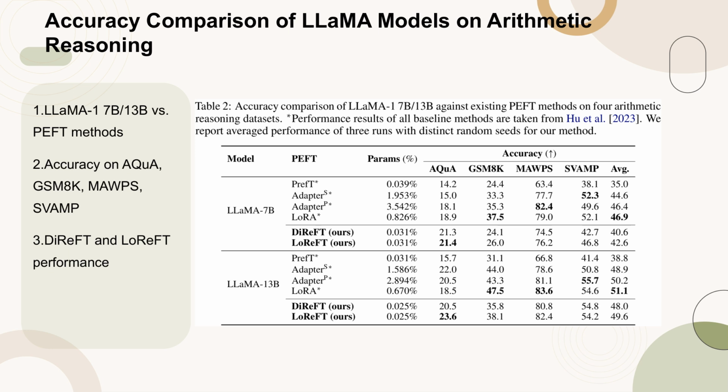Notably, DiReFT and LoReFT, the methods under study, are compared against baseline methods, showing their relative strengths and weaknesses in handling arithmetic reasoning tasks. The results indicate that while DiReFT and LoReFT do not outperform all other methods, they still demonstrate competitive performance, especially with the larger 13B model. This suggests that the effectiveness of these methods may scale with model size, although further analysis is needed to confirm this trend across different types of reasoning tasks.